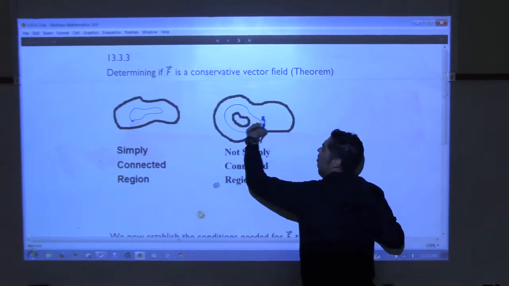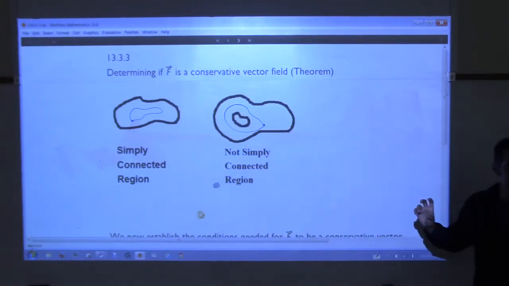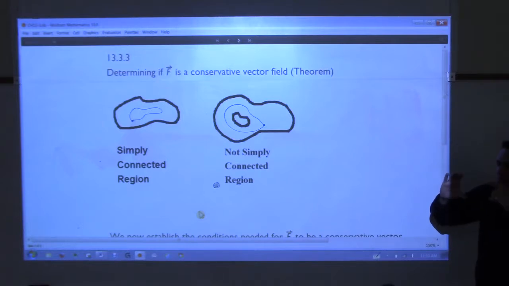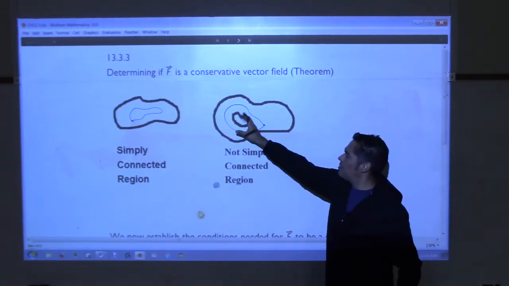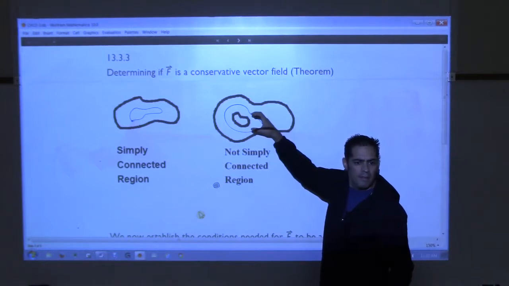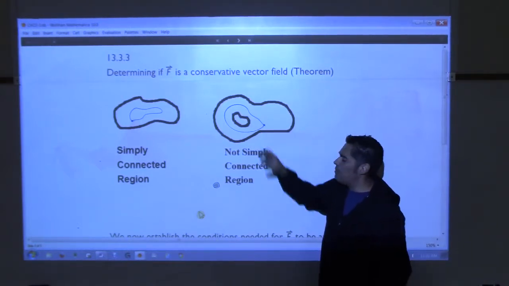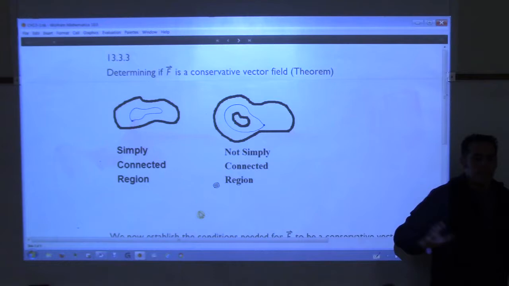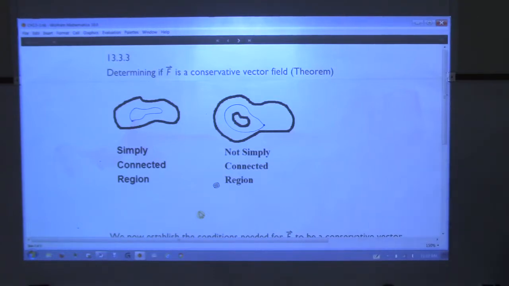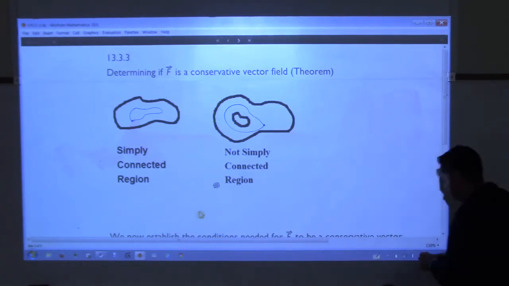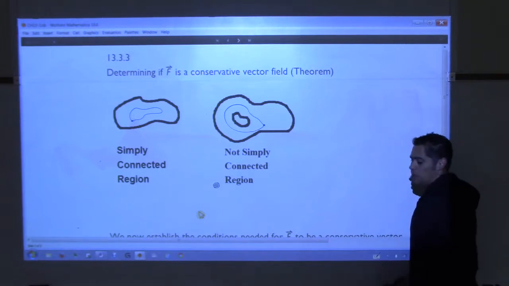Every single point on that blue curve is in the region, isn't it? But if I try to shrink that down, I'm going to get stuck. This hole is going to stop me from shrinking it. To get back to a single point, I'm going to have to cut through the hole, and that's not a simply connected region.